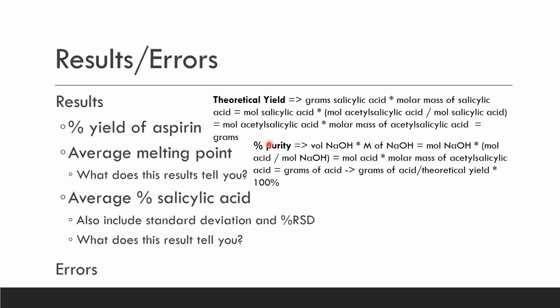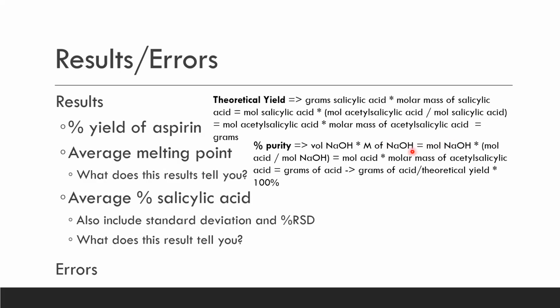All right, so let's talk about percent purity. To get the percent purity, you should know how many grams of acetylsalicylic acid reacts with 20 mL of 0.1 molar sodium hydroxide from the pre-lab quiz or the pre-lab assignment. But in case you didn't get that, you take the volume of sodium hydroxide times the molarity of sodium hydroxide to get the moles of sodium hydroxide, right?